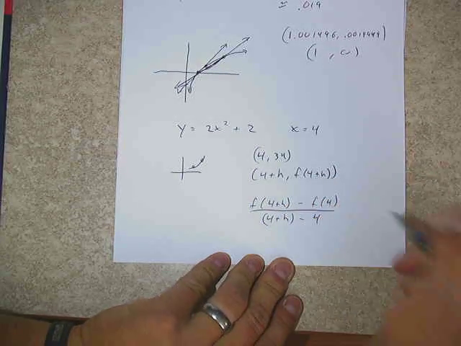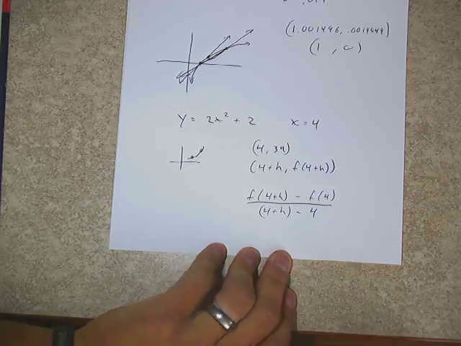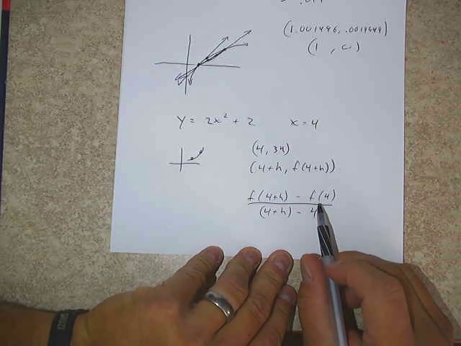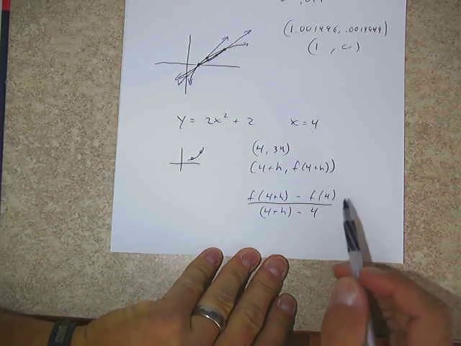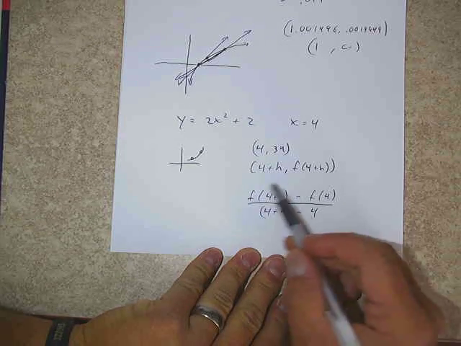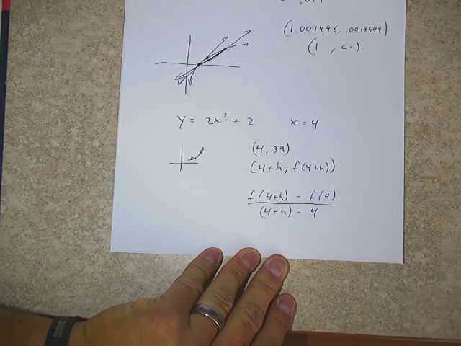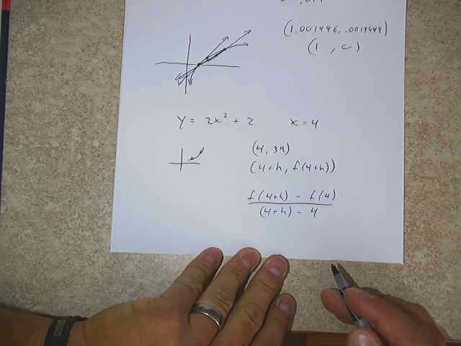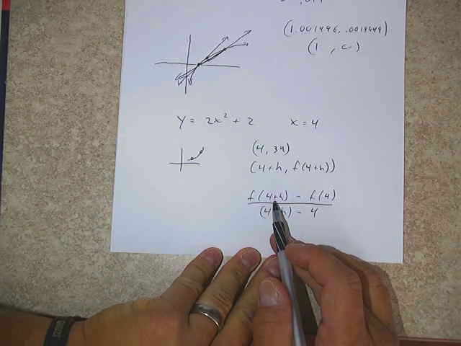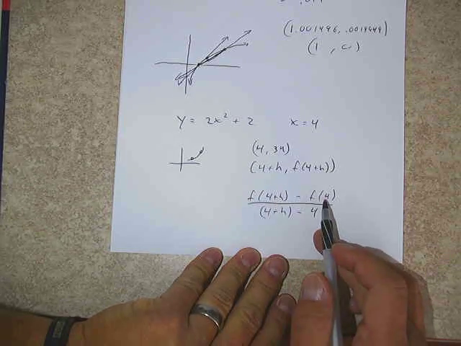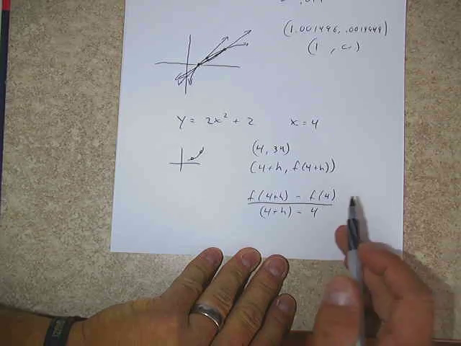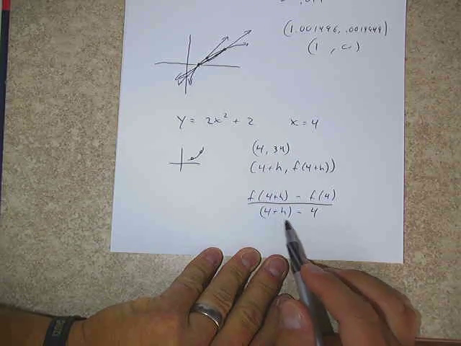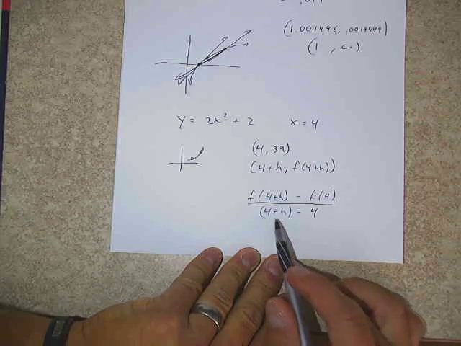Now, I'm not going to see what that is in this particular case. I'm going to write it out in general first. But ultimately, these are still 2 points, even though we don't know what h is. It's f of 4 plus h minus f of 4, over 4 plus h minus 4. Now again, I'm just generalizing here. I already know what f of 4 is. It's 34. I'm going to put that in there in a minute.